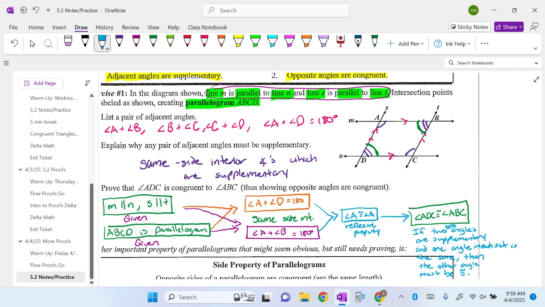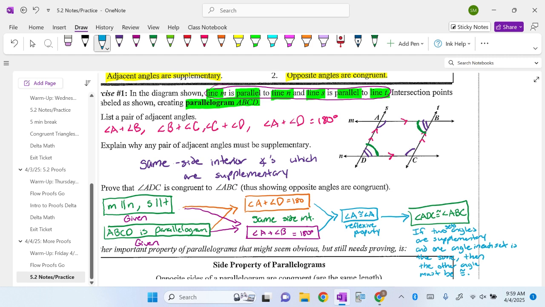So what I'm trying to say is that with angle A, since angle A is the exact same angle and they have to add up to 180, that means angle D and B have to be congruent. All right?